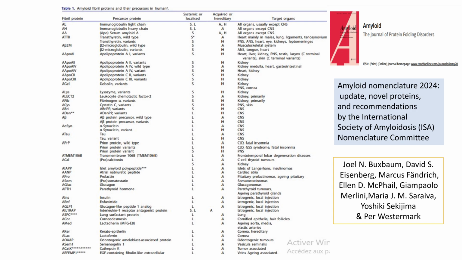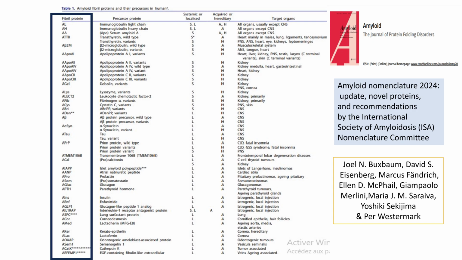This nomenclature table is divided into 5 columns. The first column is designated by the first letter A. Here A is the amyloid substance, followed by the abbreviation of the precursor of the fibrillar protein.